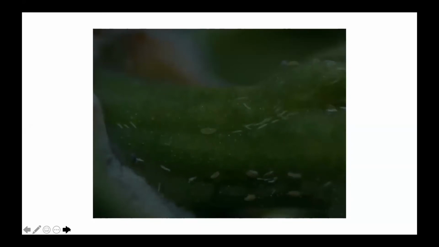So they're different types of mites. And unfortunately, miticides for eriophyid mite control are limited. Eriophyids are difficult to target, and the products generally don't work as well against them as they do against the more common two-spotted spider mites.